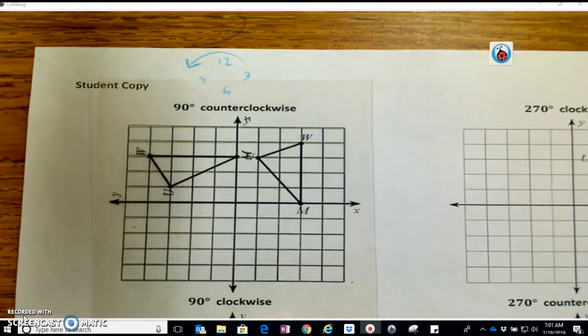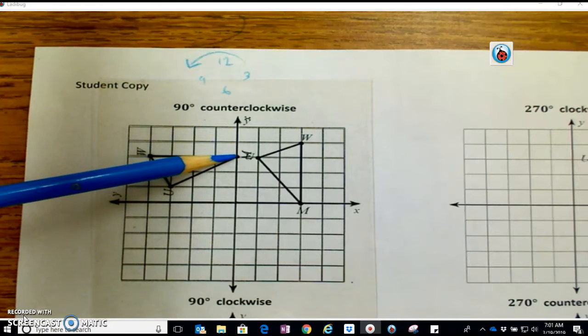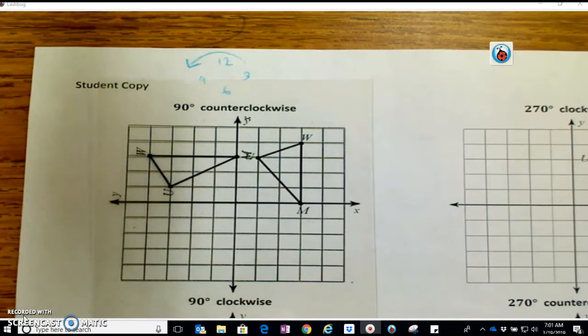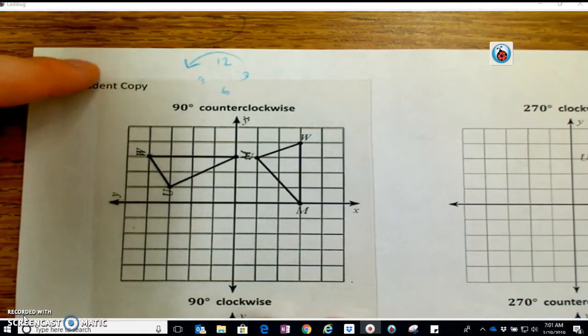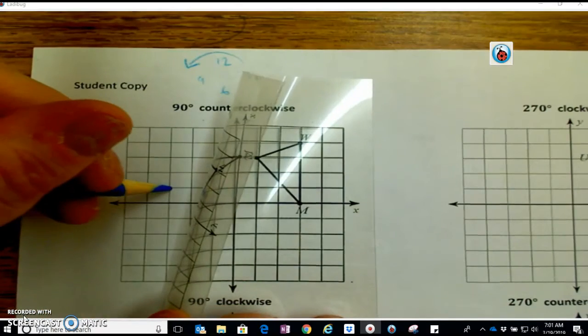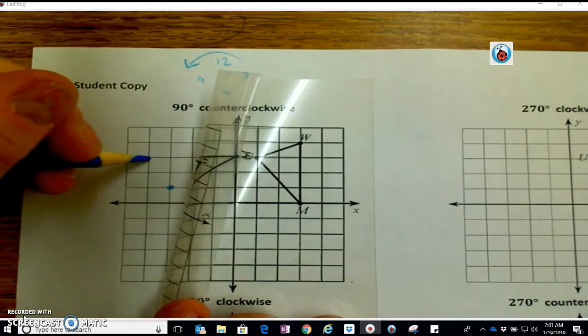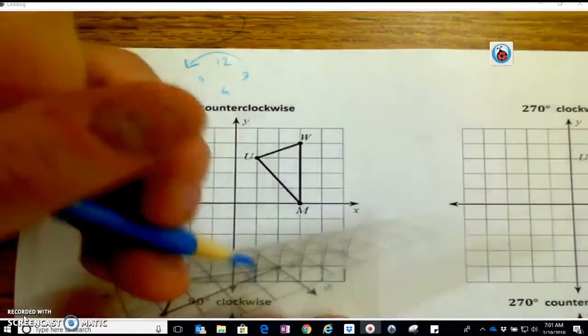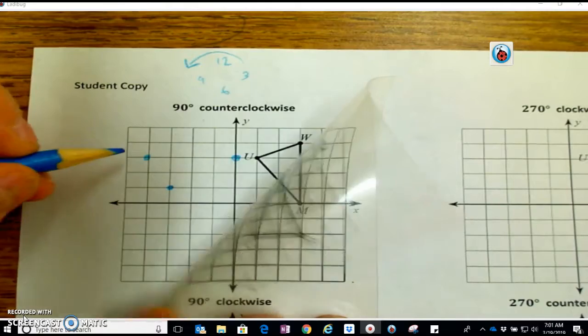So record the new U value, the W, and the new M. M is right here. That was 90 degrees counterclockwise. If this was you in class, I'd be putting a point right there, a point right there, and a point right here.